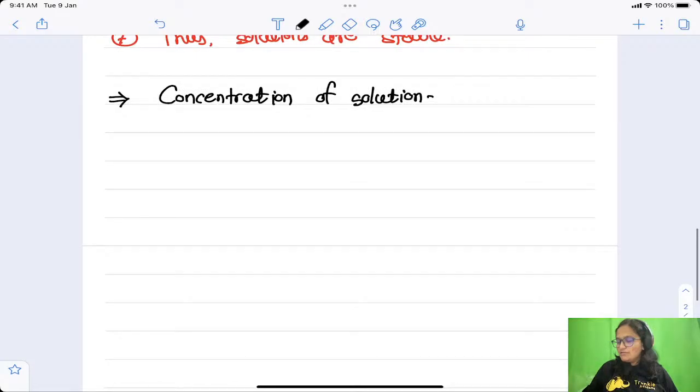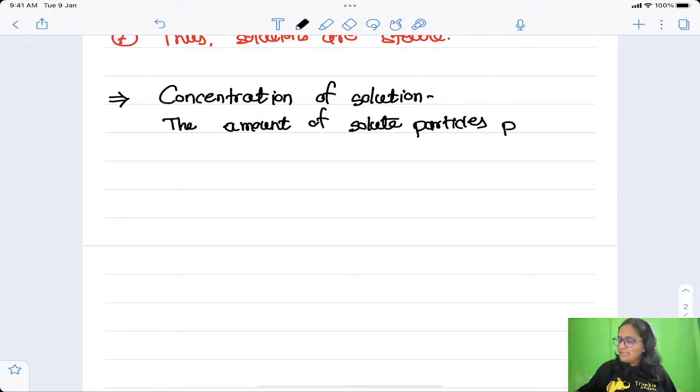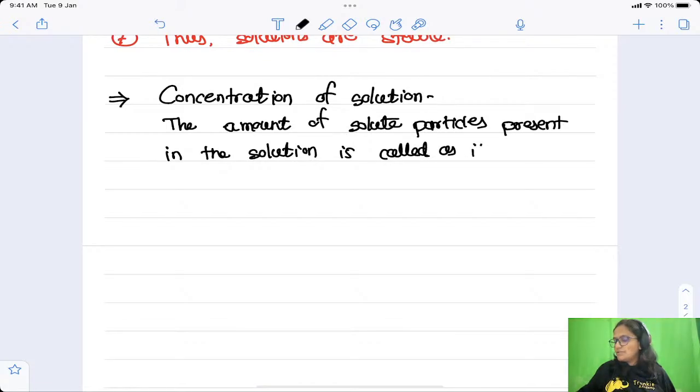So what is concentration? The amount of solute particles present in the solution is called its concentration.